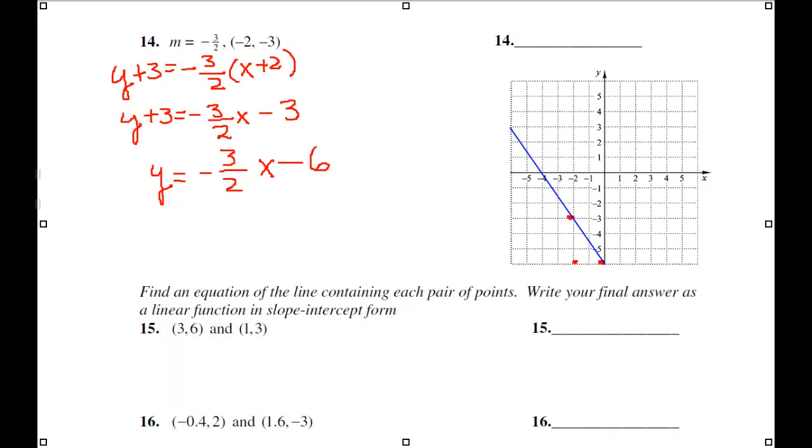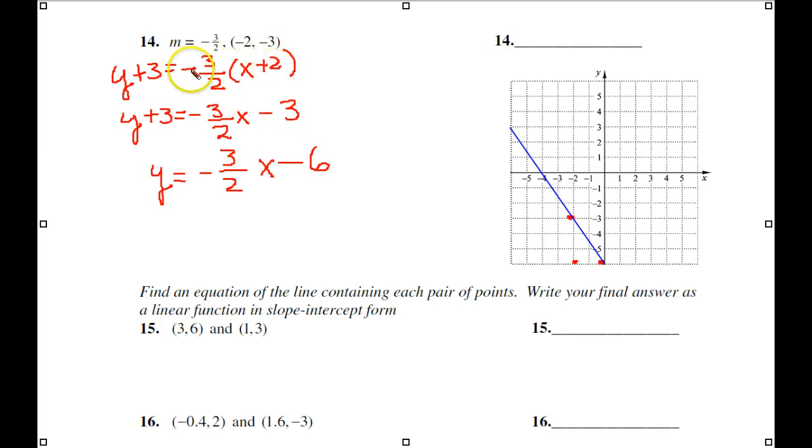Now I'm speeding this up a little bit. There's our slope and the single point. So when we put it in the point-slope form, our negative 3 here becomes positive. Our negative 2 becomes positive. There's our slope. I clear parentheses. Notice the 2's over here cancel out.